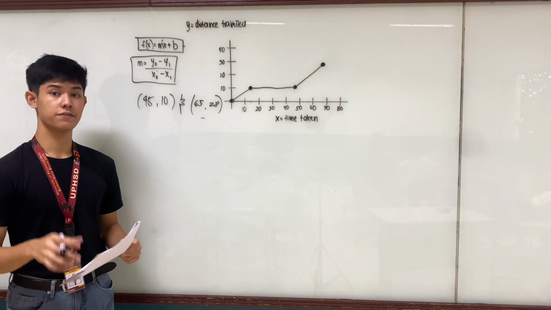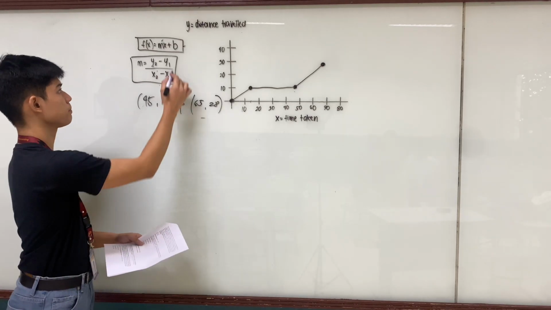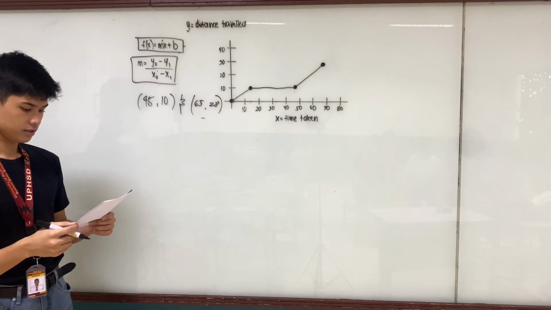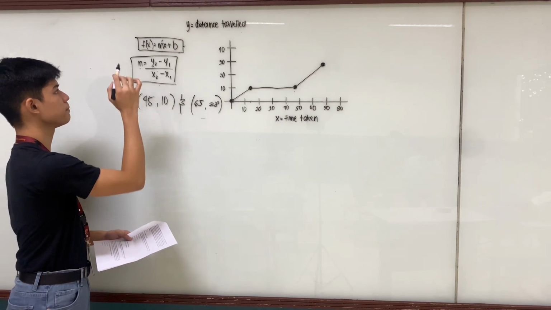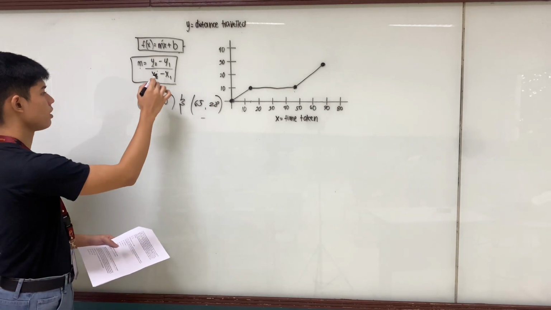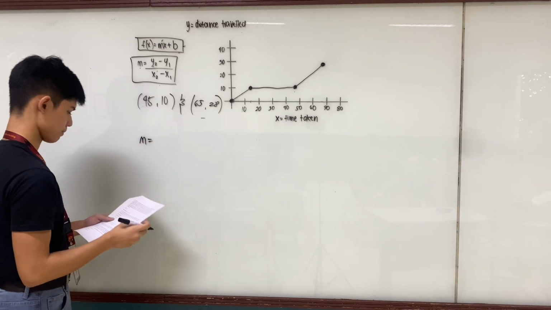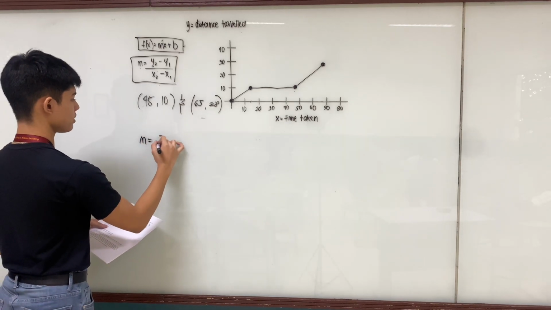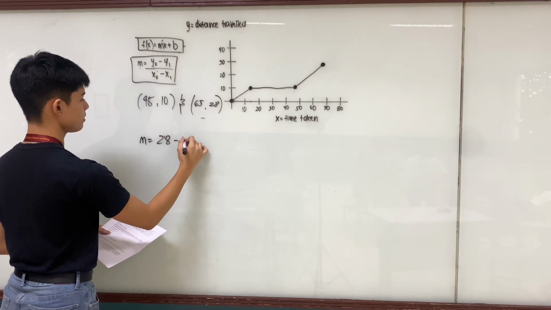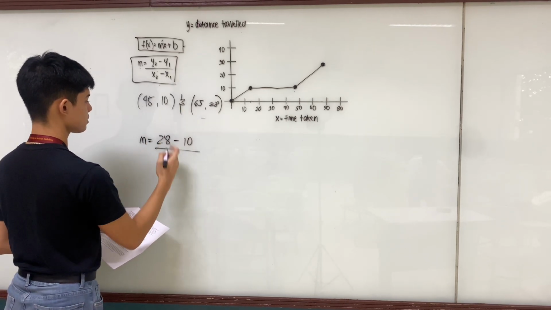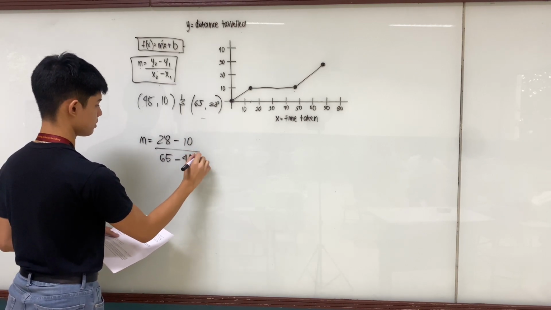Now, just like we did in the first function, we need to substitute our values in the slope-intercept formula. But we must first get our m, or our slope. So this will give us y sub 2, which is 28, minus y sub 1, over 65 minus 45.